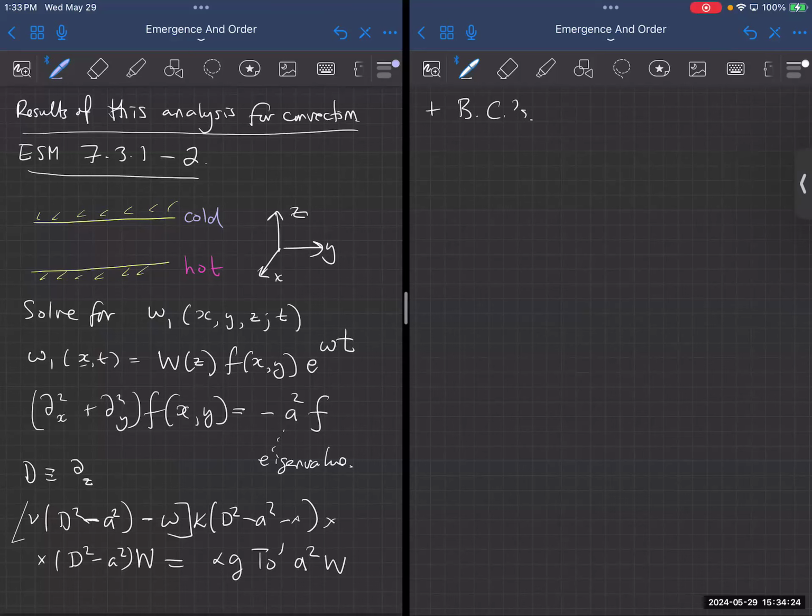What's that third term in the middle? D squared minus a squared minus omega. Where?